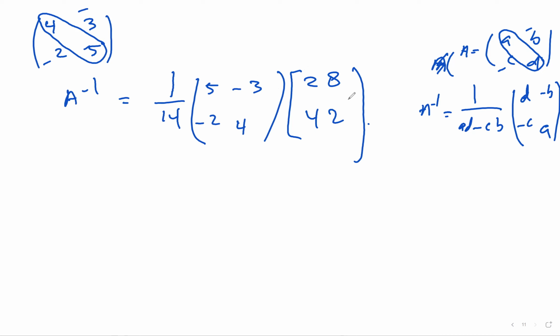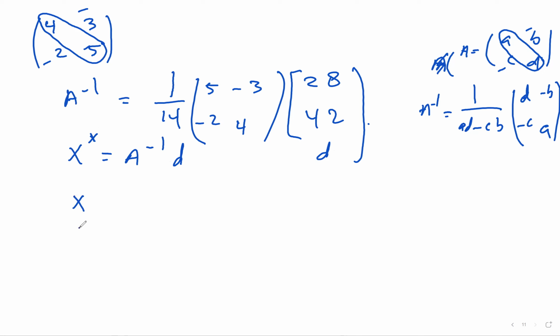So the question is, are we done? The answer is no. We need to further calculate. Now we need to get it in this form: the inverse times D. So what are our X's?